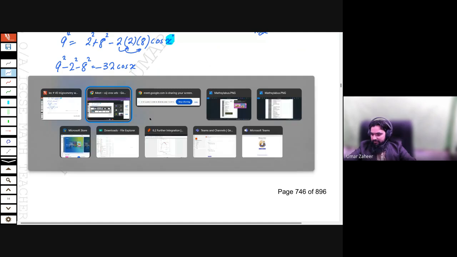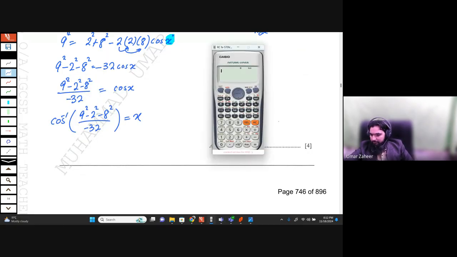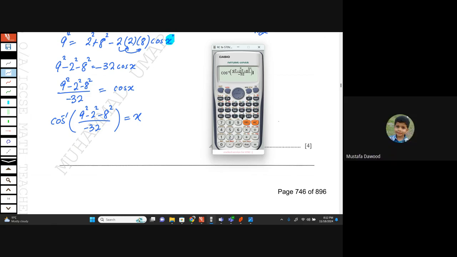Yes, please find the value. So it's 111, 112 point, sorry.